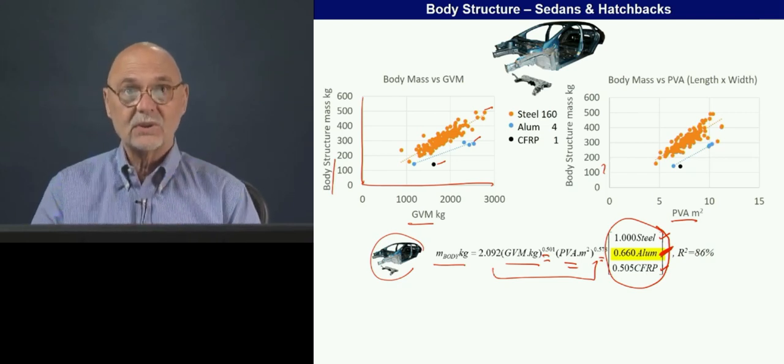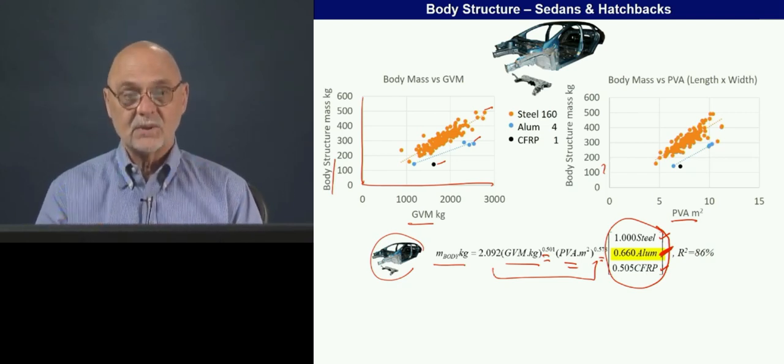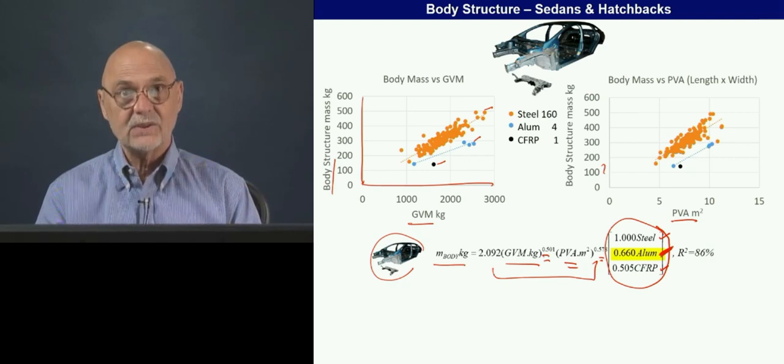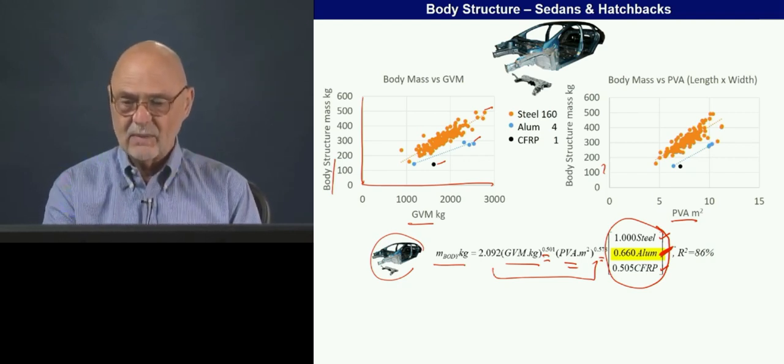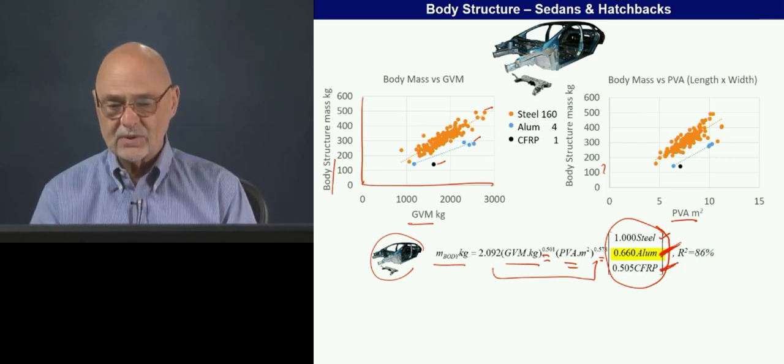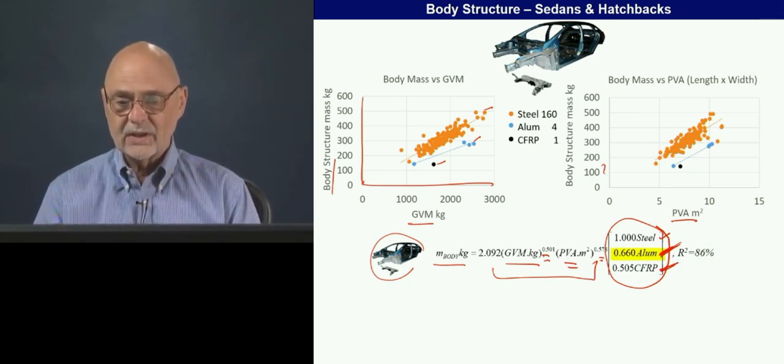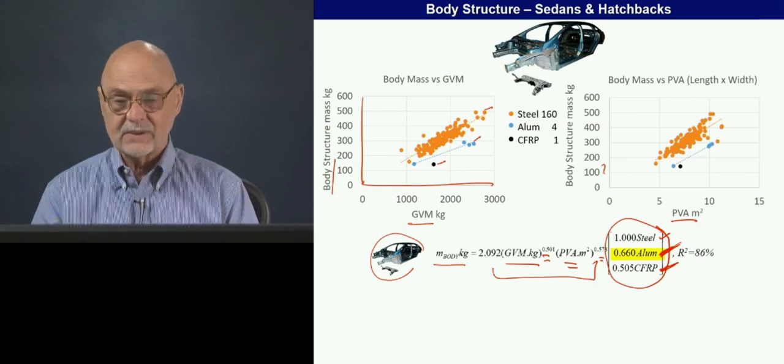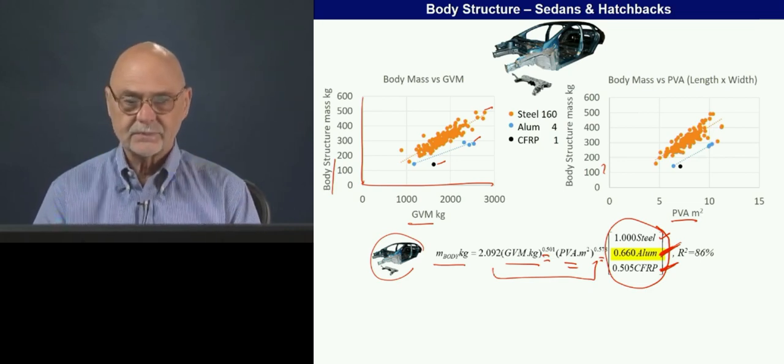Really early in the class, we said that, well, the vehicle is basically driven by its stiffness, and that makes this kind of consistent. We can see carbon fiber is the real superstar here at about half of the mass of a steel vehicle.